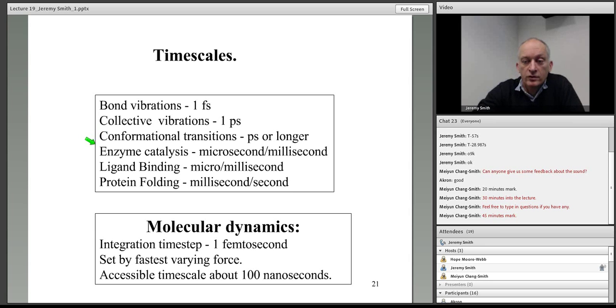And the motions directly involved in the catalytic reaction, those can be microseconds or milliseconds. As mentioned here, just as an aside, I mentioned the Nobel Prize in chemistry of this year was given to computational chemists. One of them who won it was Arieh Warshel.